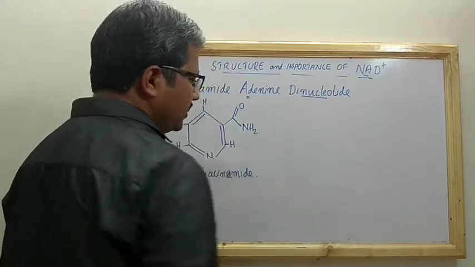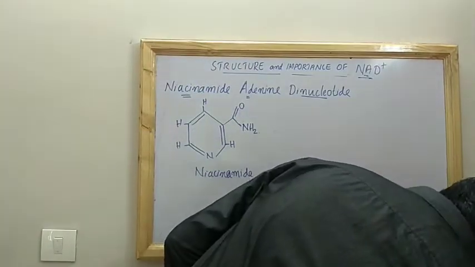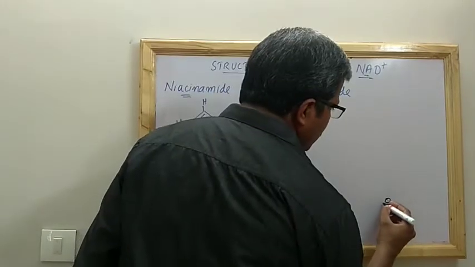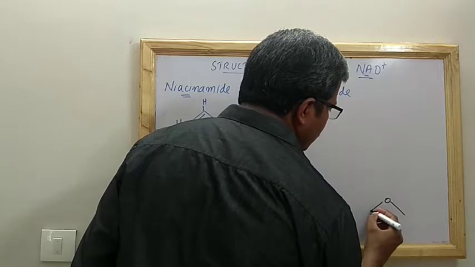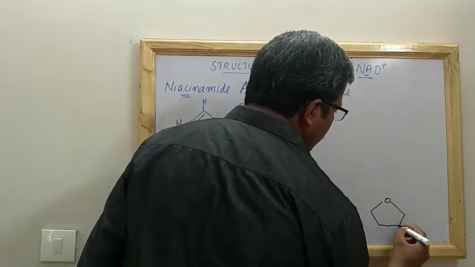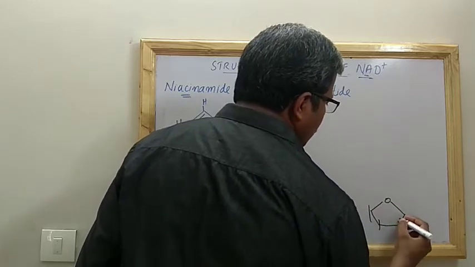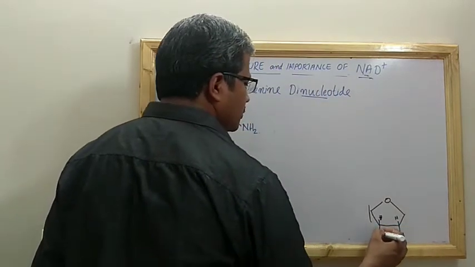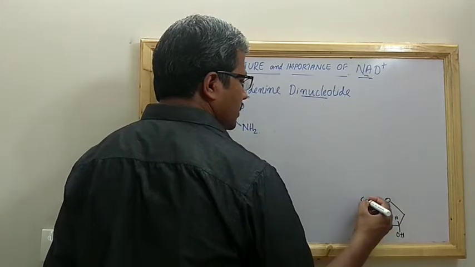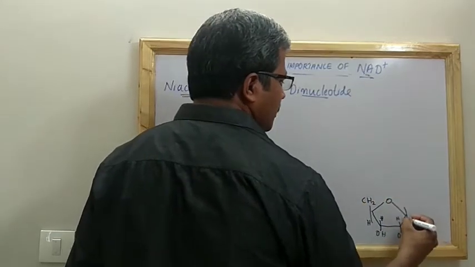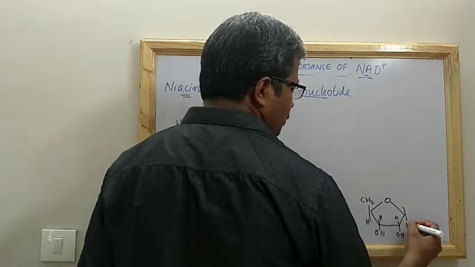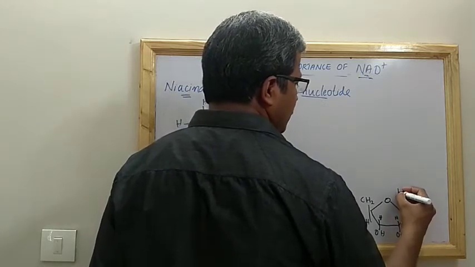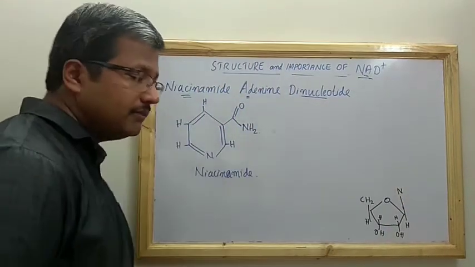Now let us see the structure of nicotinamide adenine dinucleotide. I am just drawing the dinucleotide structure here. We just need one sugar molecule here, HOH, HOH, HCH2, then beta ribose sugar, therefore H, and this one will be linked with the nitrogen of adenine.